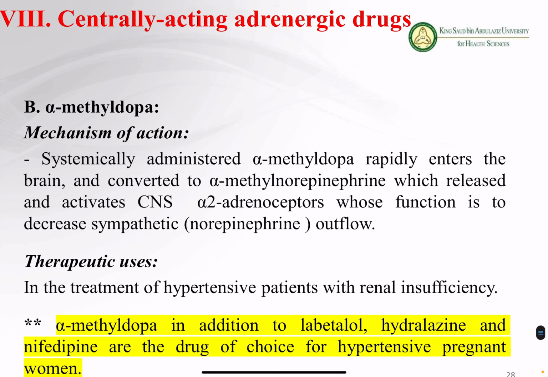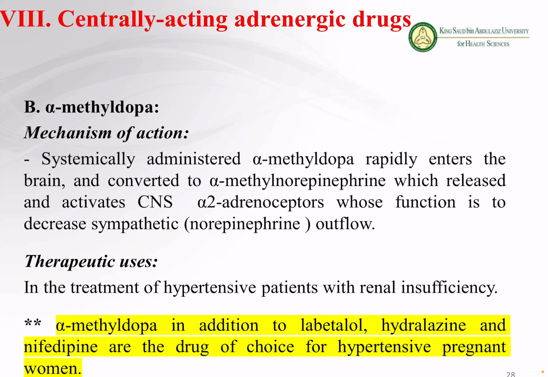But usually when the mother's blood pressure is high during pregnancy, we try to control it with non-pharmacological approaches, like a reduced salt diet or a little walking. If it is not controlled, then we can give alpha-methyl dopa, one of the safest antihypertensives. I think in Saudi Arabia it is available under the brand name Eldomet.